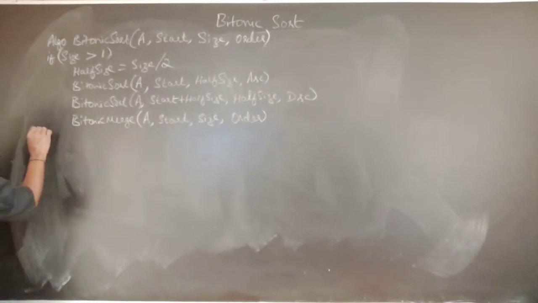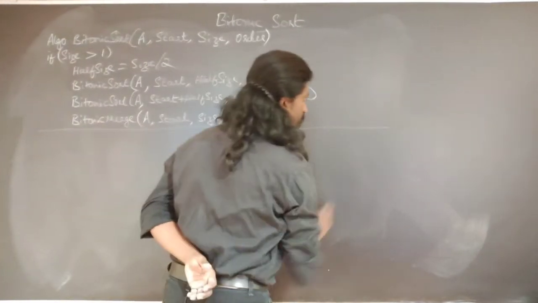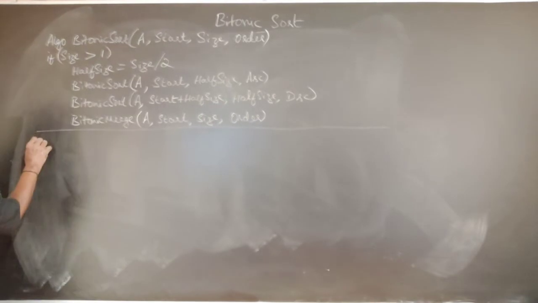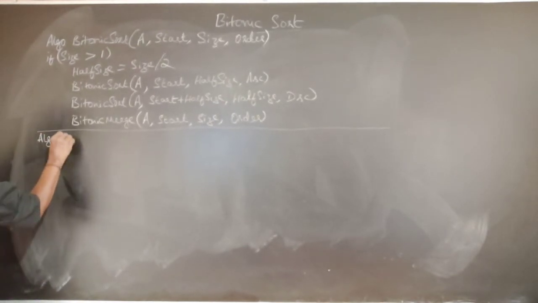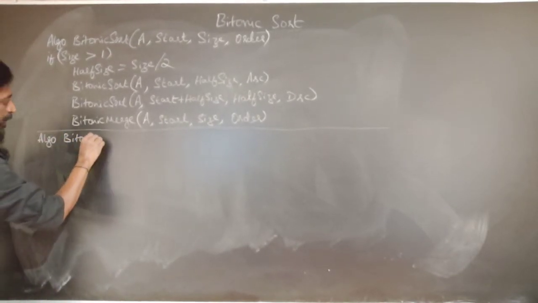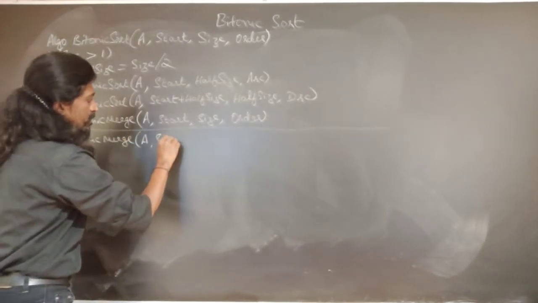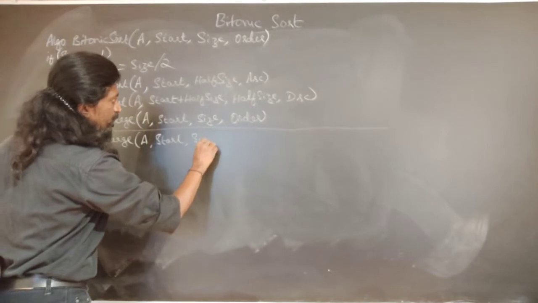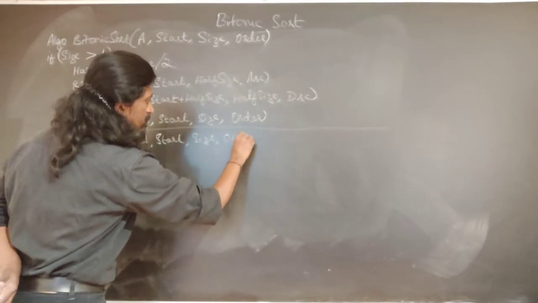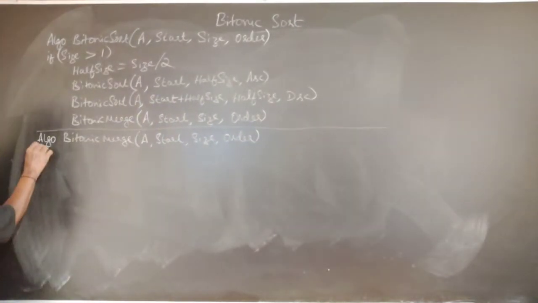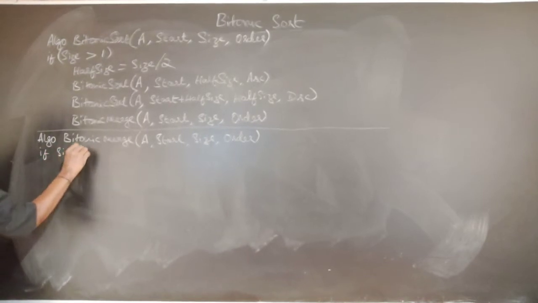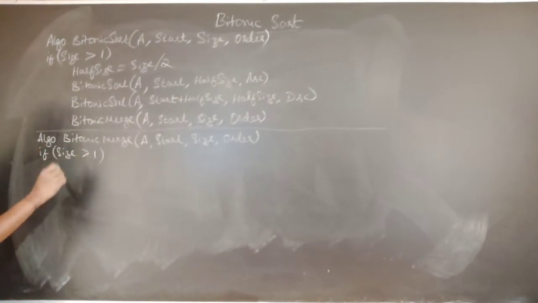Then we have another algorithm to merge. Algo Bitonic merge A start size order. Same four arguments. Once again here, if size is greater than 1, we are doing something.